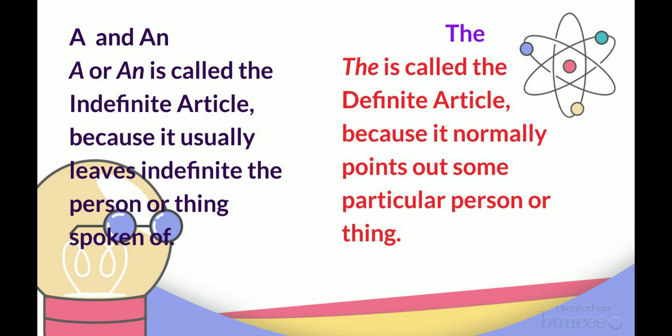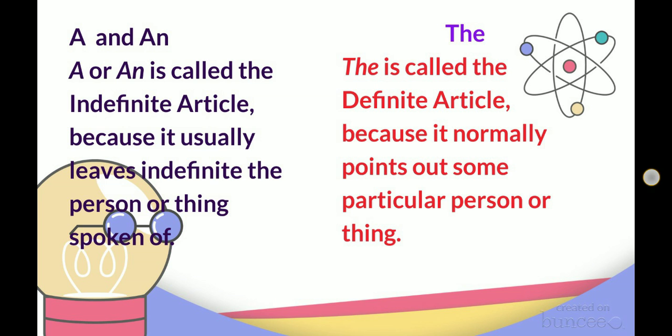That means they do not tell us about any particular person or particular thing. Okay, they tell us about indefinite person or indefinite thing. On the other hand, the is called the definite article because it normally points out some particular person or thing.